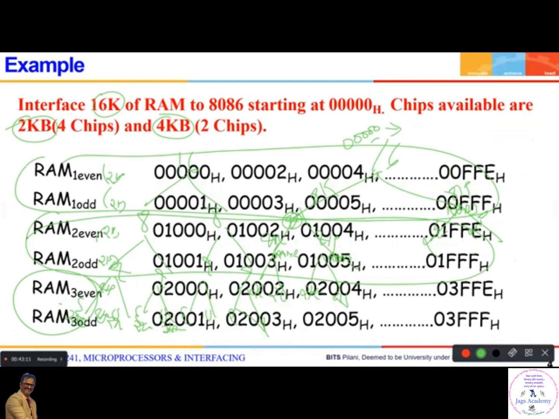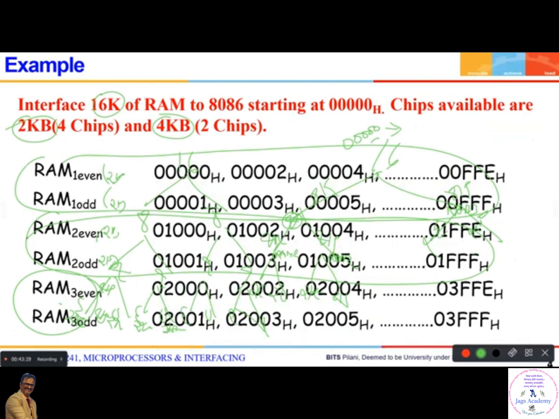RAM 1 even and odd, RAM 2 even and odd, RAM 3 even and odd. What's the next step? Write the table. Come on. Write the table for RAM 1, RAM 2, RAM 3.